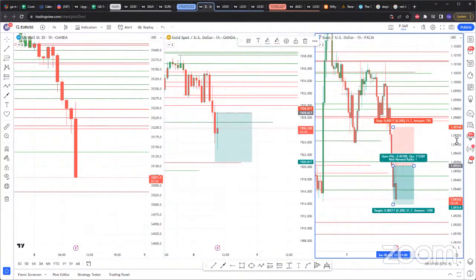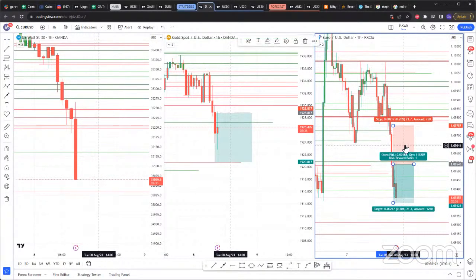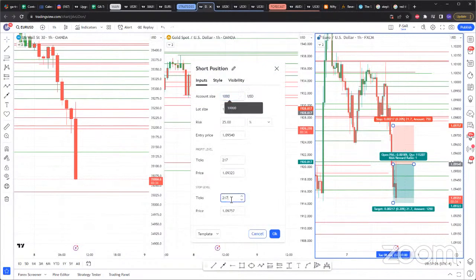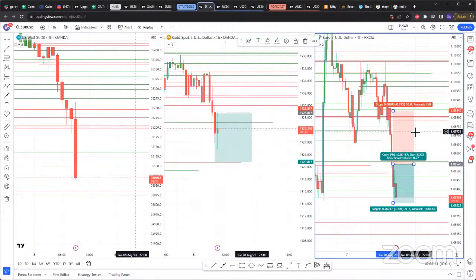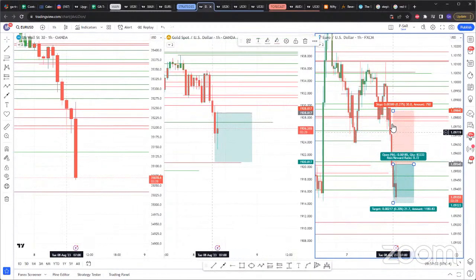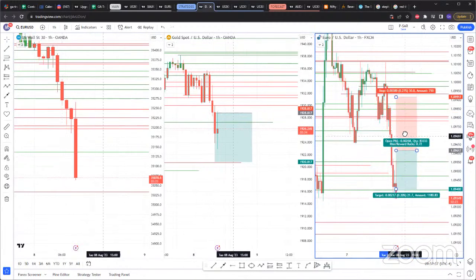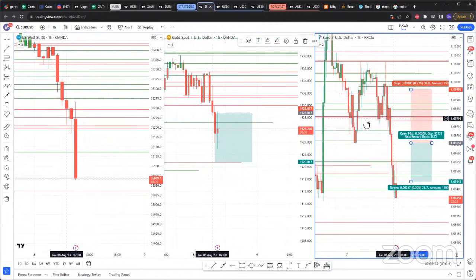But of course, this is not a trade I would have taken because I want my stop loss to be at least 30 pips. If I had this at least 30 pips, you can see the move has already gone. From the SR region, I want to enter if the SR is right here. Same thing as gold. The double SRs that I was trading were not that far off.